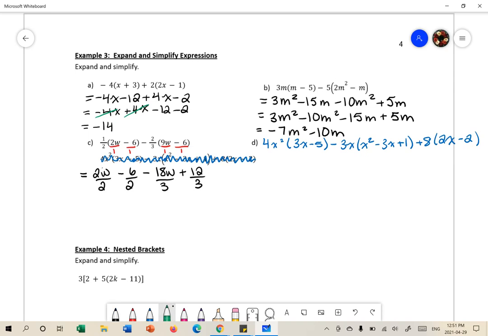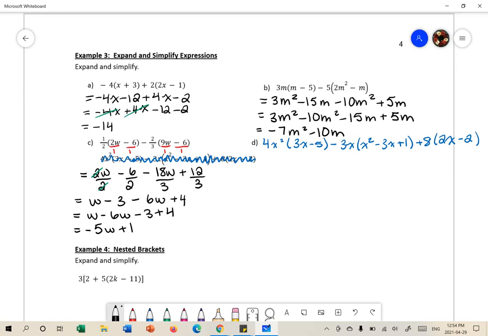And then these 2's will cancel out. So we're left with W, subtract 6 divided by 2 is 3, subtract 18 divided by 3 is 6W, and then plus 4. Collecting like terms. And then simplifying like terms.